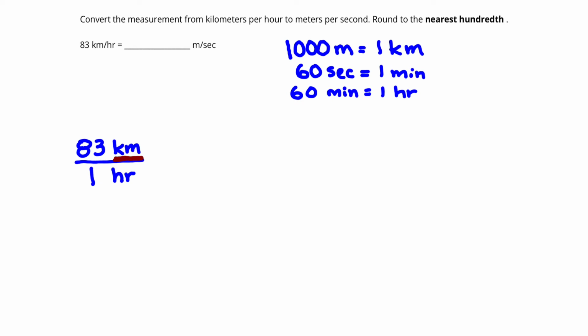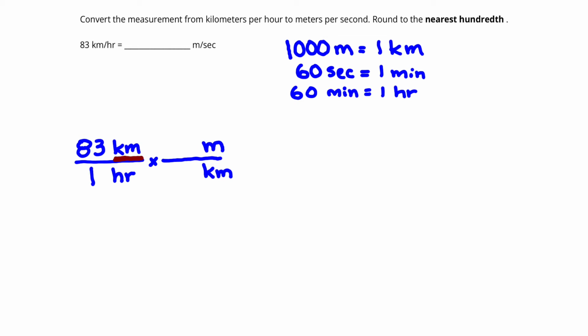Now, in order to do that, I'm going to multiply by a fraction or a unit rate. In that unit rate, I want to be able to cancel kilometers, and so I'm going to put kilometers in the denominator so that when it comes time to cancel, I can just cancel the kilometers. Does that make sense? So we have kilometers in the denominator, and then I'm converting to meters, so I'm going to put meters in the numerator.